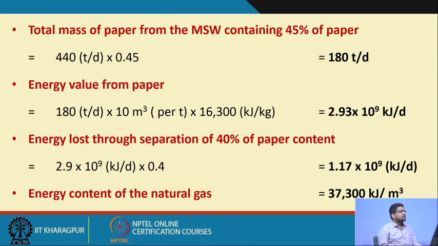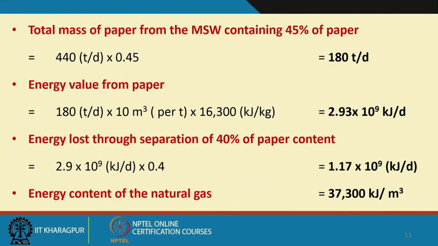Now, initially we have to calculate the total mass of the paper for municipal solid waste containing 45% of paper. We are generating 440 tons per day, out of which 0.45, that is 45%, will be the total mass of the paper. So, 440 tons per day multiplied by 0.45, we have 180 tons per day.